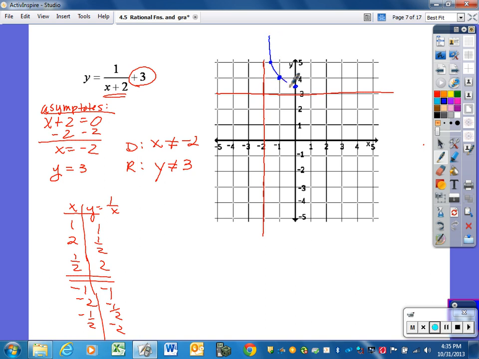And we're going to hug our asymptotes. And likewise, negative 1, negative 1, negative 2, negative 1 half, negative 1 half, negative 2, and hug our asymptotes.